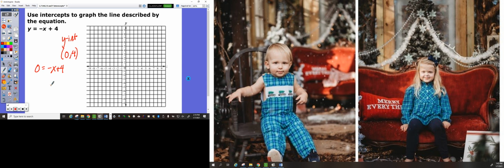If I could just move this x over right here. Okay? So x equals 4. So therefore my x-intercept is 4, 0. So I graph them, 0, 4, 4, 0. There's my line. All right. Do the next one.